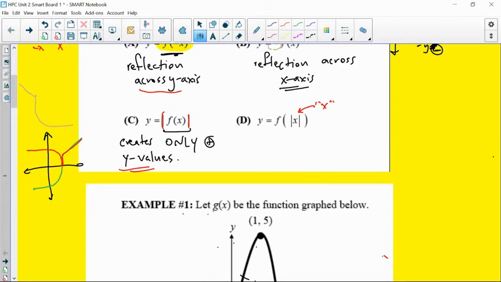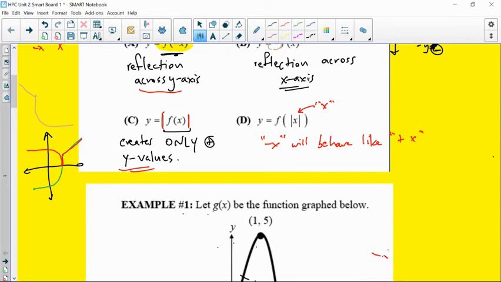But the quote-unquote negative x's will behave, and when I say behave, we'll have a function value or a y value, like the positive x's. So it's not a true reflection over the y-axis like the first one was. If you're already a positive x, nothing's going to happen.